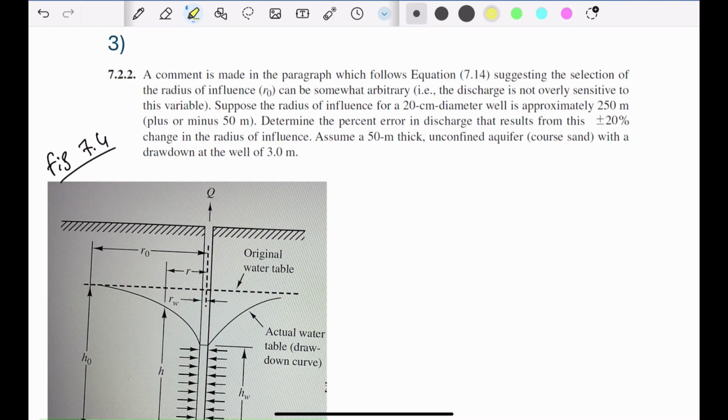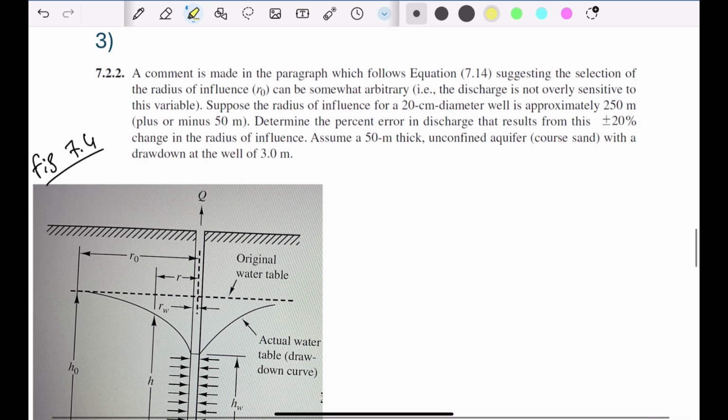Now we are at question 3, 7.2.2. A comment is made in the paragraph which follows equation 7.14, suggesting the selection of the radius of influence can be somewhat arbitrary, which means the discharge is not overly sensitive to this variable. Suppose the radius of influence for a 20 centimeters diameter well is approximately 250 meters plus or minus 50 meters.